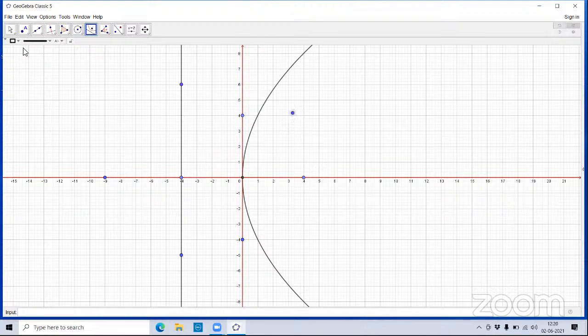Now I shall mark some points, children. Now I will join these 2 points. I'll take a line segment which joins the first point and second point.